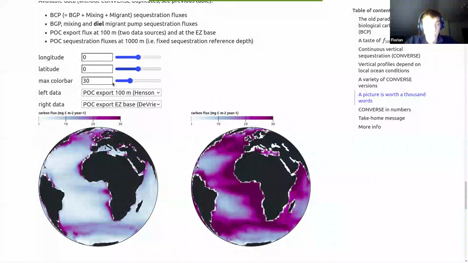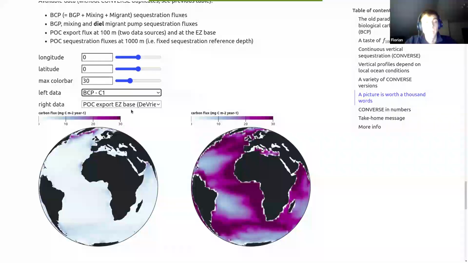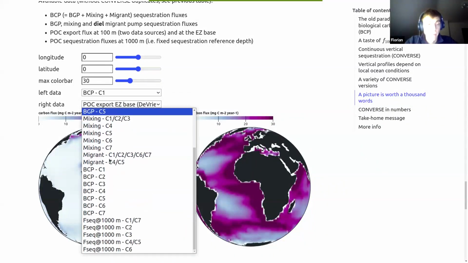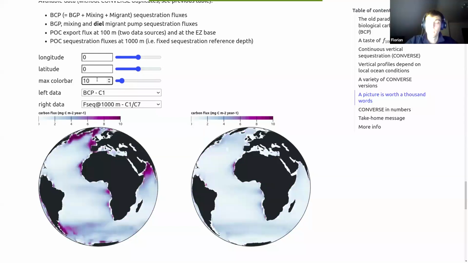But what's interesting is that if you compare the BCP value for the C1 version and what you would get if you consider the sequestration only at 1,000 meters, you see directly that you have an underestimation of the carbon flux sequestration.